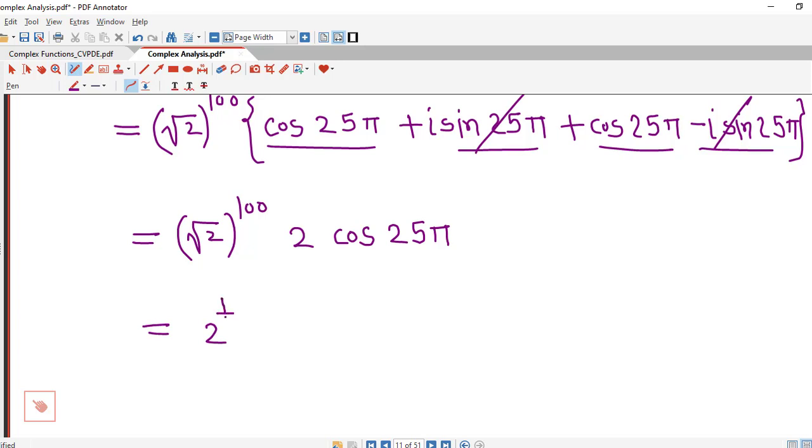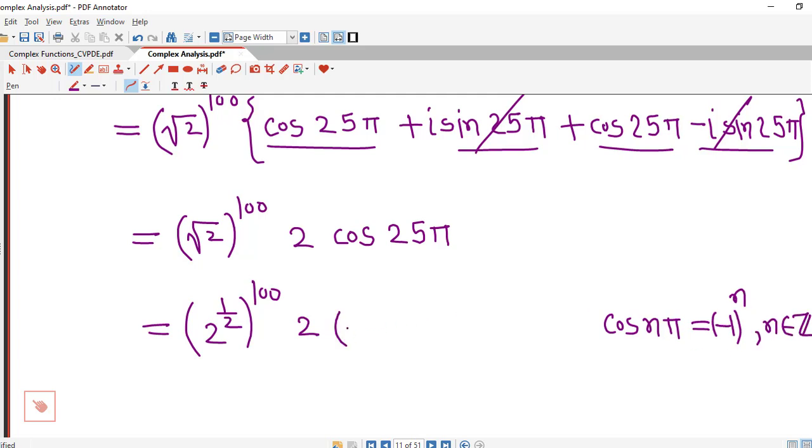And here we can rewrite this as (2^(1/2))^100 into 2, and we know that if we have cos nπ where n is an integer, then we have (−1)^n. So if we compare with cos nπ, n is 25, so we have (−1)^25.